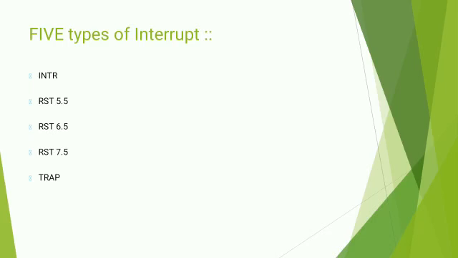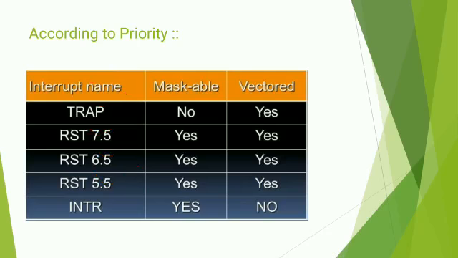There are 5 types of interrupt, that is INTR, RST 5.5, RST 6.5, RST 7.5 and TRAP. According to priority, TRAP is the highest priority, then RST 7.5, RST 6.5, RST 5.5 and INTR.